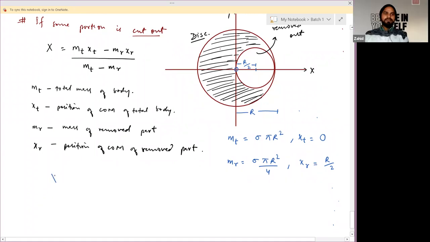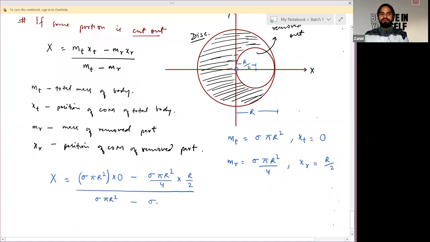Okay, let me solve. X equals M total, which is sigma pi r square, times X total, which is 0, minus M removed, that is the removed part, sigma pi r square by 4, X removed is at r by 2, whole divided by mass total, sigma pi r square, minus mass removed, sigma pi r square by 4.